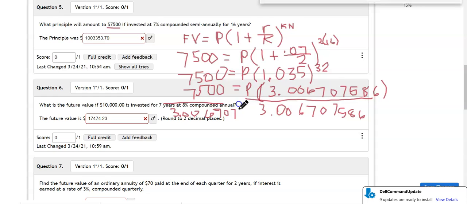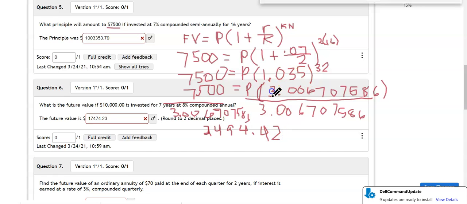So I'm going to go ahead and put that left side into my calculator, 7,500 divided by this number, and I get 2,494.42.